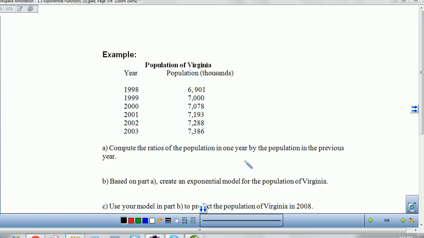So let's look at an example that applies what an exponential growth model is going to look like. On this one, it's the population of Virginia in the thousands, from 1998 to 2003, and you have those amounts.